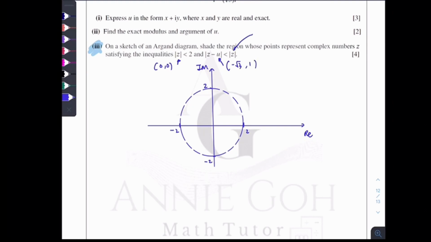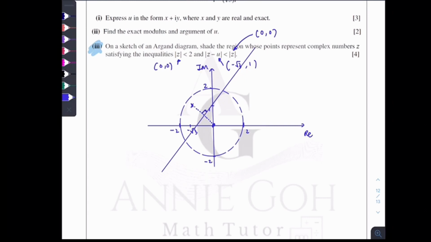As for the other point, it is z minus 0, so it's 0, 0 at the origin. So one point is at the origin, the other point is at negative root 3 and 1. So it's somewhere here. For the perpendicular bisector, you just need to connect the 2 points using a dotted line as a reference line and then draw a straight line, the perpendicular bisector.